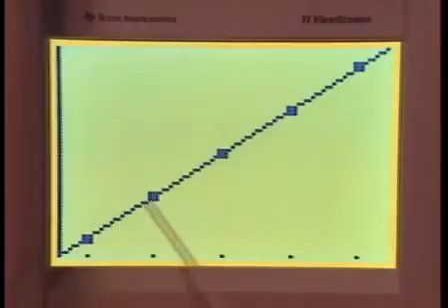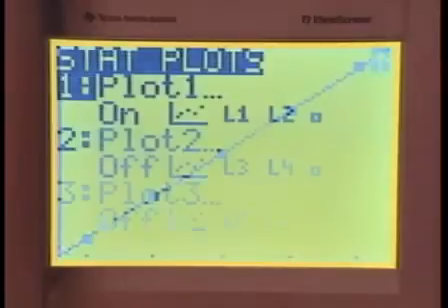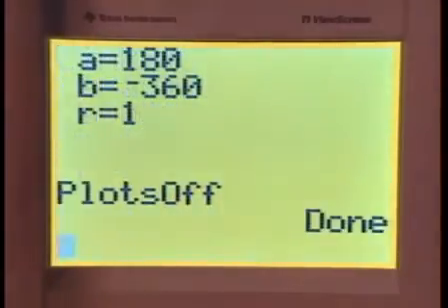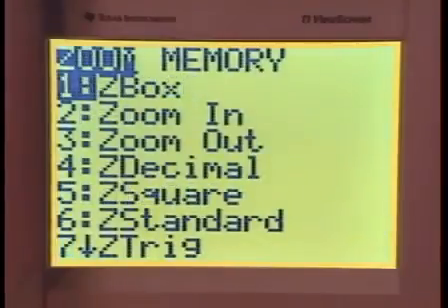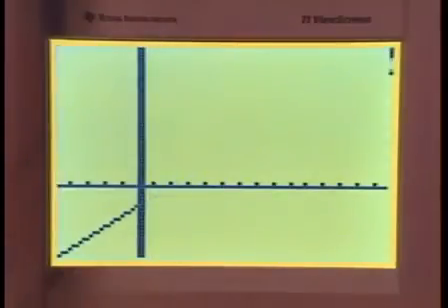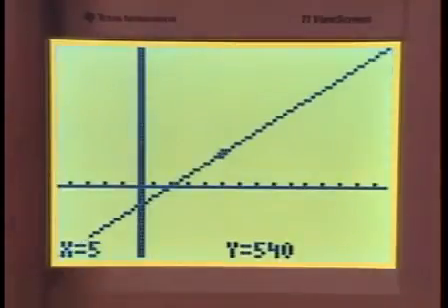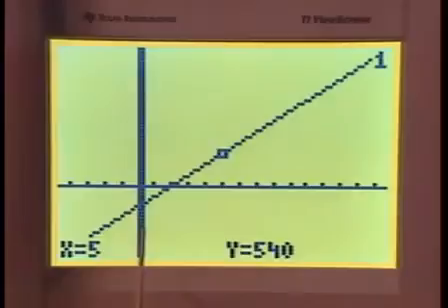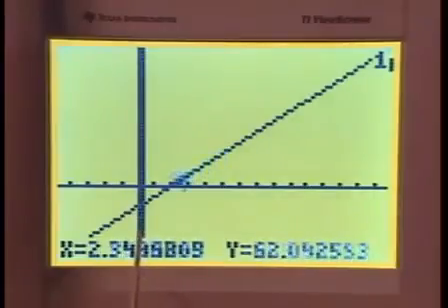We now want to see more of this line, so we'll zoom out and we'll delete these points. So let's go to stat plot, turn the plots off, and we want to zoom out. So let's go to zoom down to 3, and there is the whole picture. We have the y-intercept, which we saw was negative 360.